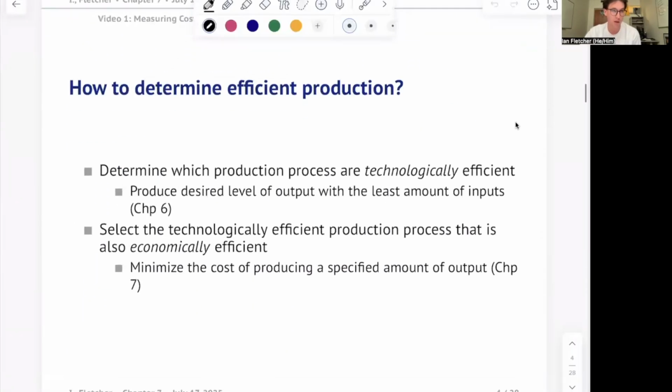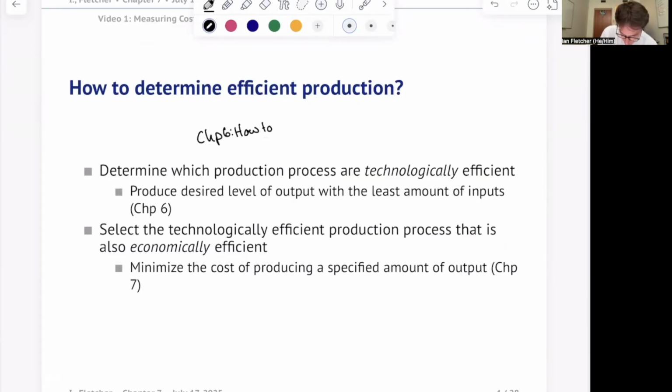So, one question that we often have is how do we determine efficient production? Chapter six, we determined which production processes are technologically efficient, right? This was all about how to produce.